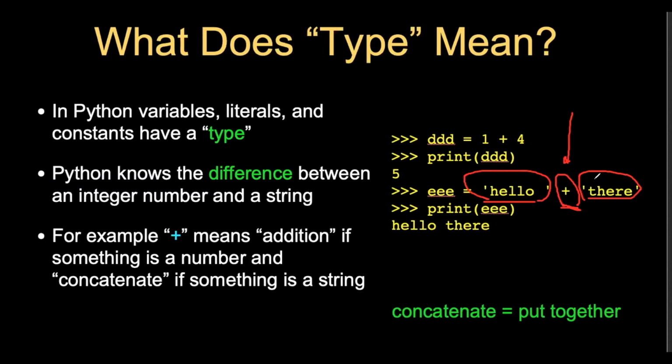Hello with a space is buffer 1. There is buffer 2. So when you put both together, you create a third buffer that has a sufficient amount of space to accommodate both of them. And so character by character, hello, space, and there get shipped or created into this third buffer. And then the outcome of that third buffer is the concatenated string that gets saved or assigned into this EEE variable, okay?